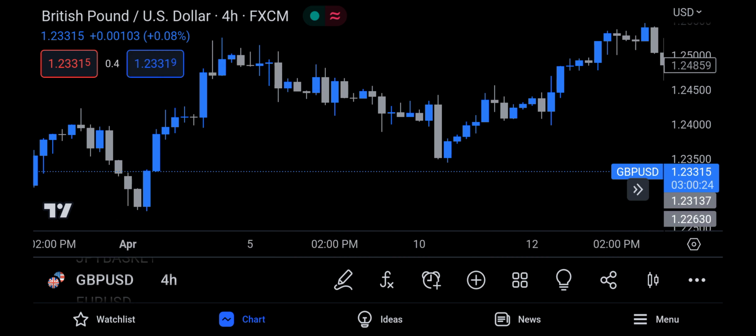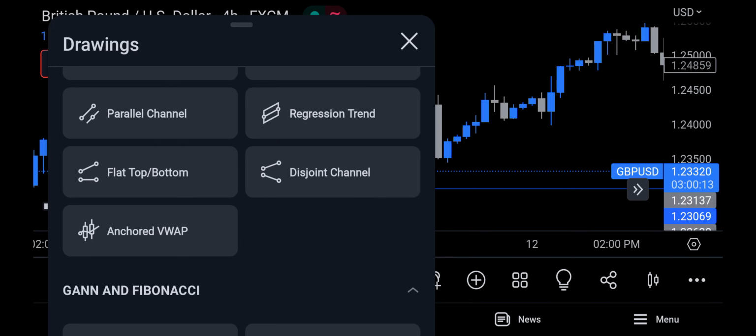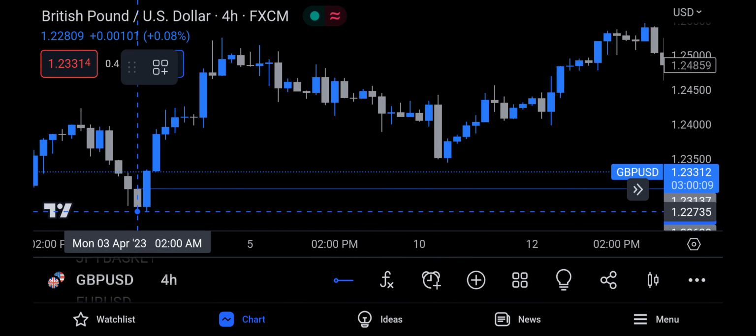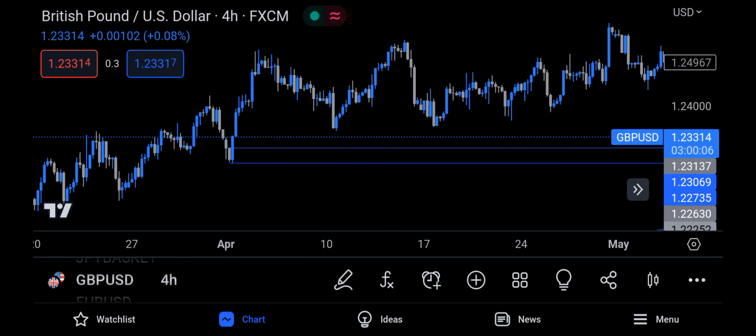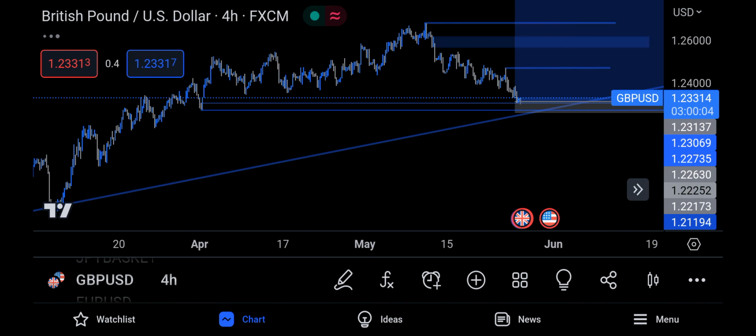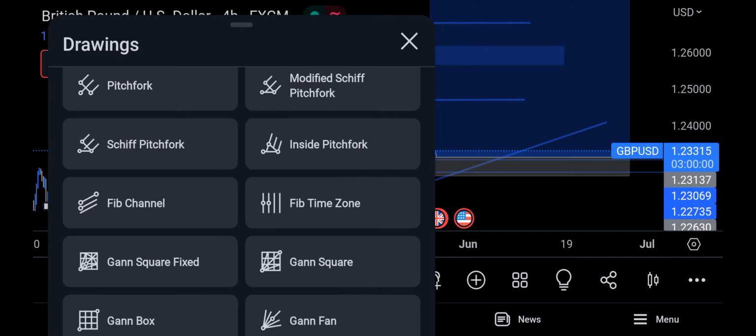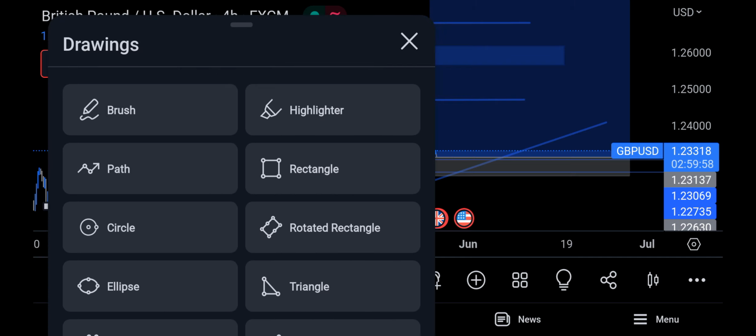Remember, this is the 4-hour order block, so let's take note of that. Trying to refine the entry so that it will be easier for us, and for those who want to learn, it will be easier for you to learn with this as well.